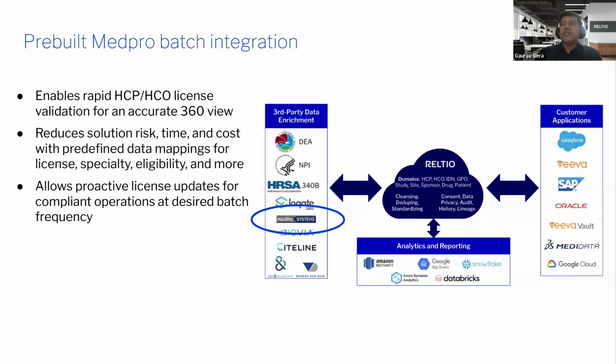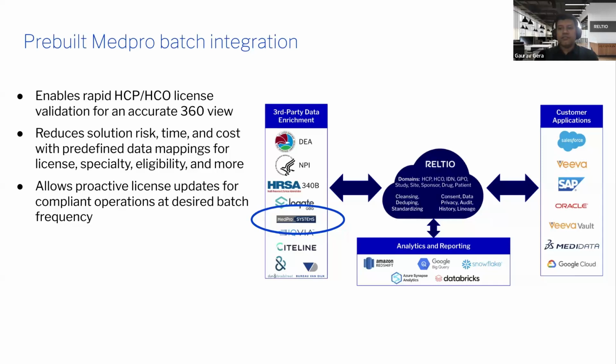Yep, great question. So DEA, NPI, and 340B are all data tenant offerings, and these get refreshed on different time periods. If my memory serves me right, DEA data gets a weekly update, NPI gets a monthly update, on the 17th of every month, I believe, and 340B gets a daily update.